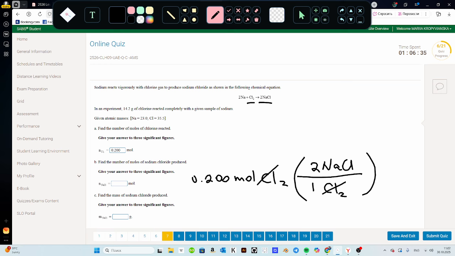Cross out this. Now we can cross multiply or whatever. So in this case we divide 0.200 by 2. That gives us 0.1.